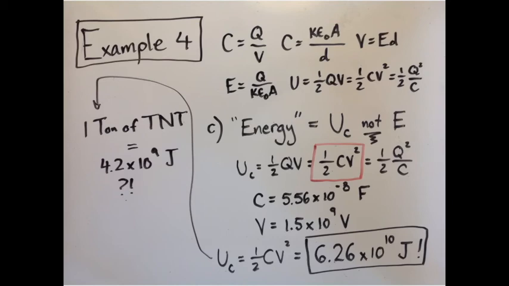Now, I thought it might be good for you to get some kind of a sense of how large that number is. Because sometimes, you get a value in physics and you're like, oh, great, okay, and then you move on to the next problem without really stopping to think about what that number means. Like, what is it telling me about this scenario? So I went on Wikipedia and looked up orders of magnitude in energy, which is one of my favorite Wikipedia pages.